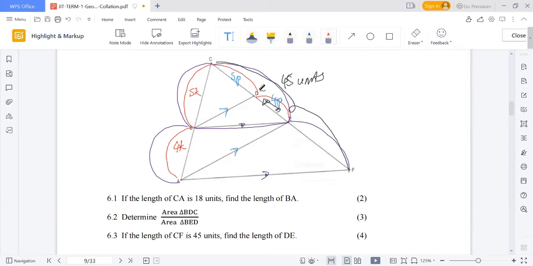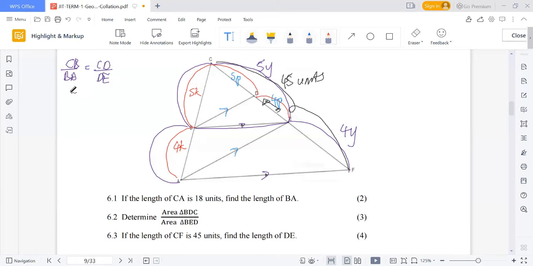So what can we say about this? We can simply say that the CE here is in proportion to CB. So this is supposed to be 5Y, right? And then the BA in proportion to EF, this is supposed to be 4Y. So now we know that CB over BA is in proportion to CD over DE, right?